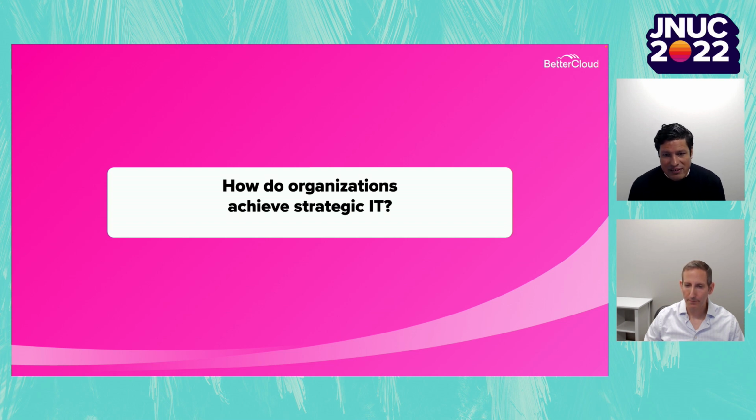So you'll know based on those conversations, and you'll start being pulled into conversations earlier when you're talking about the goals of departments and what they're trying to achieve. That's when you really, really know that you've achieved strategic IT. It takes time, and it takes trust.